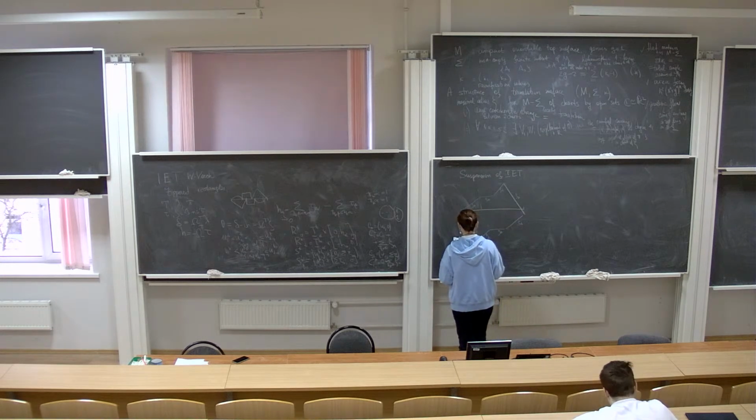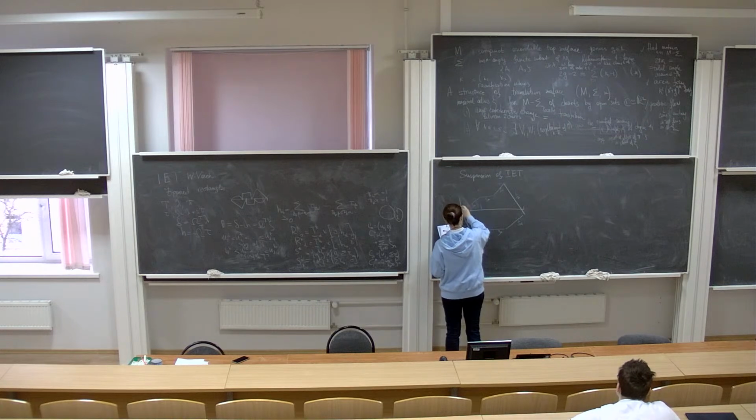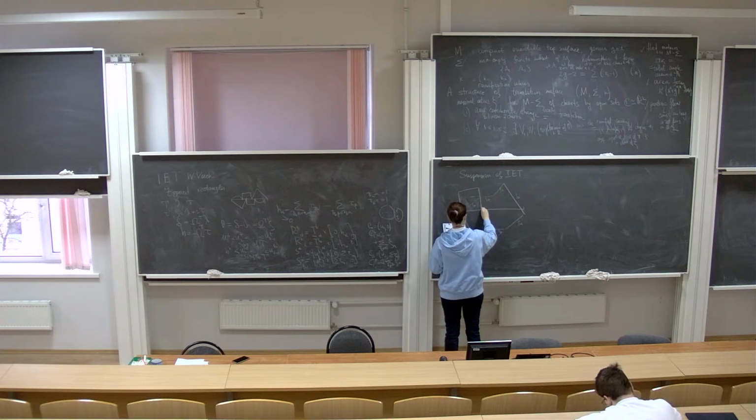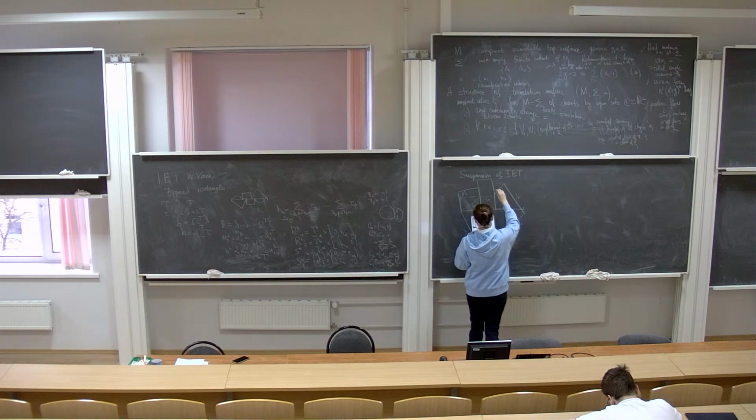And now we start to build this R. So we start with this is my R, TA. This is the second. This is the third. And this is the fourth.